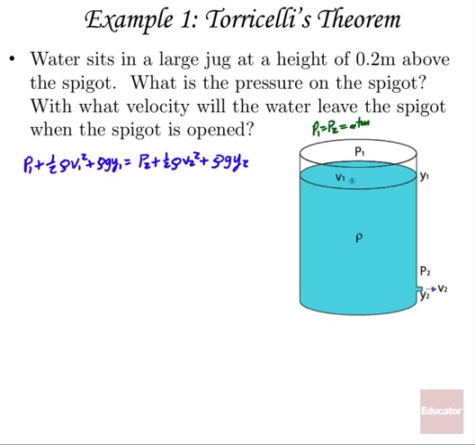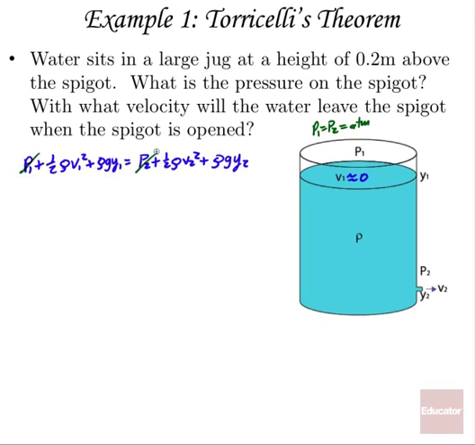Now, as we look at this, up here at the top of our fluid, because we have so much fluid there, we can assume that V1 is approximately equal to 0. Okay, now, pressure 1 and pressure 2 are both atmosphere, so we can subtract both of those right out.